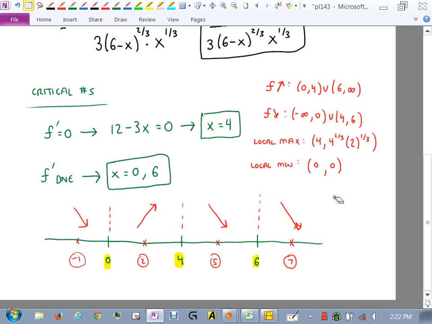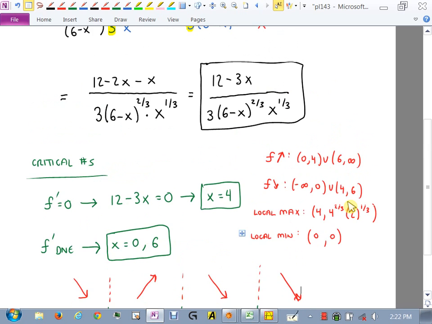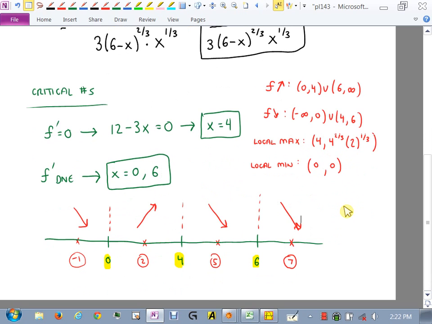No, it changes your decreasing and increasing intervals, doesn't it? I think I jumped the gun there too fast, didn't I? Yeah, don't make that mistake on the test.